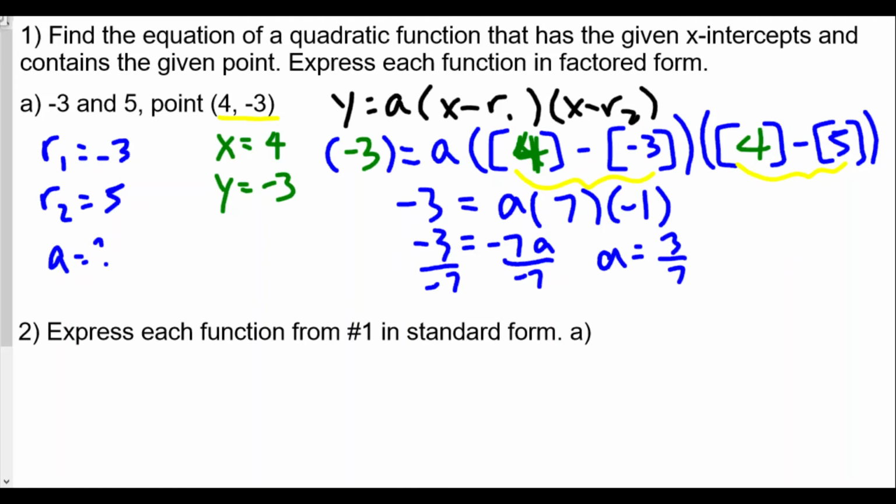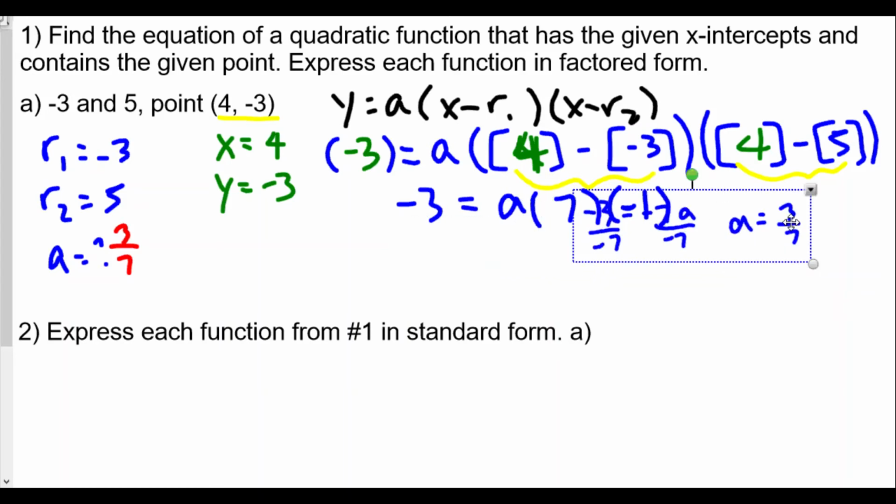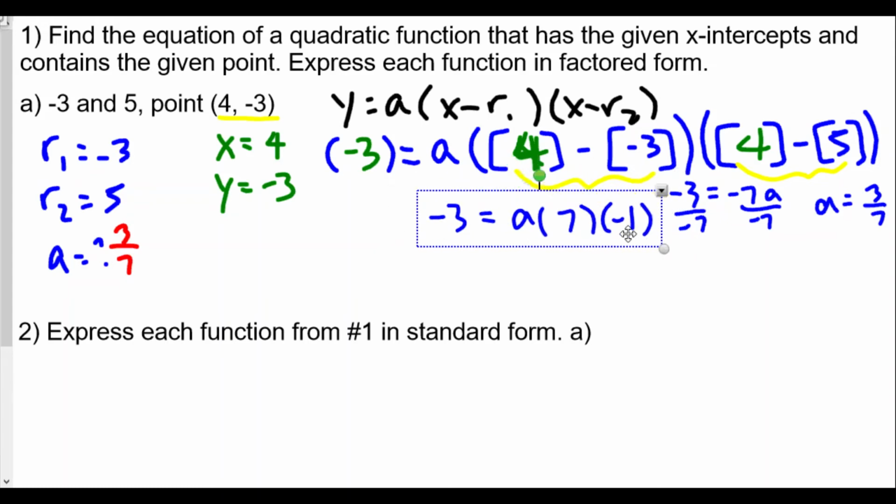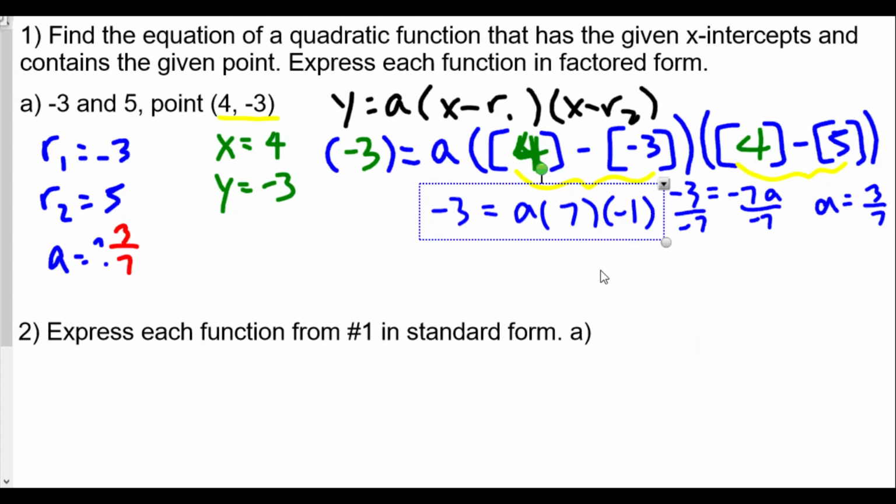That's a kind of weird number, but that's okay, because now at this point, what we're going to do is plug in the values of r1, r2, and a. Okay, so now we're plugging into our original formula again.